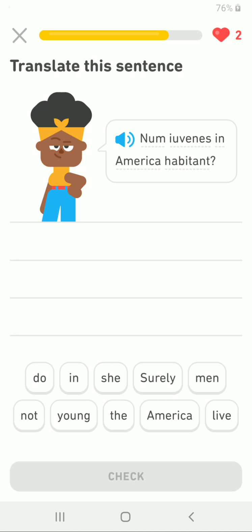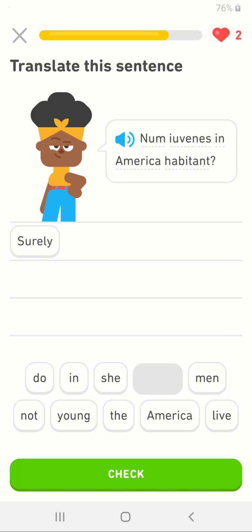Num juvenes in America habitant? So num is surely not. Num is surely not. But this is a question as well. So we have to be careful on the word order.